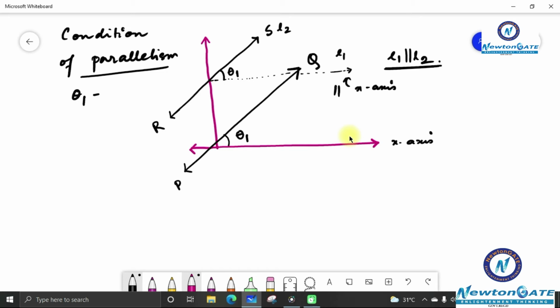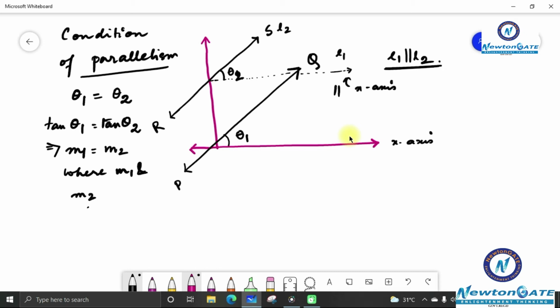If I take this angle to be theta 2, then theta 1 will have to be equal to theta 2, which implies further that tan theta 1 will have to be equal to tan theta 2, which implies m1 is equal to m2, where m1 and m2 are the slopes of line 1 and line 2.